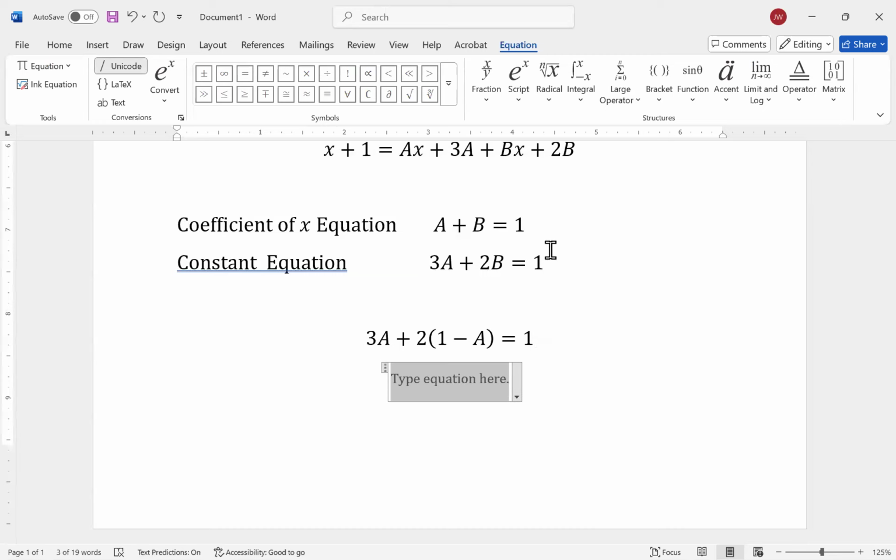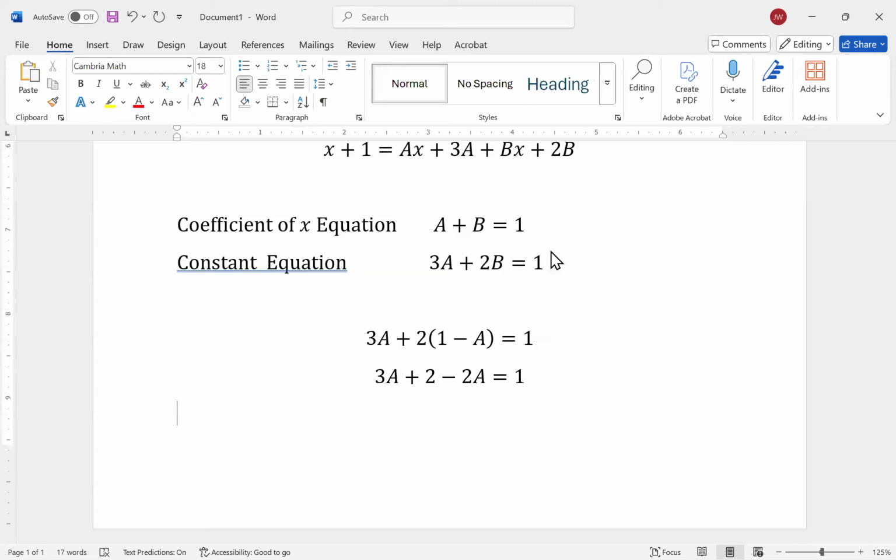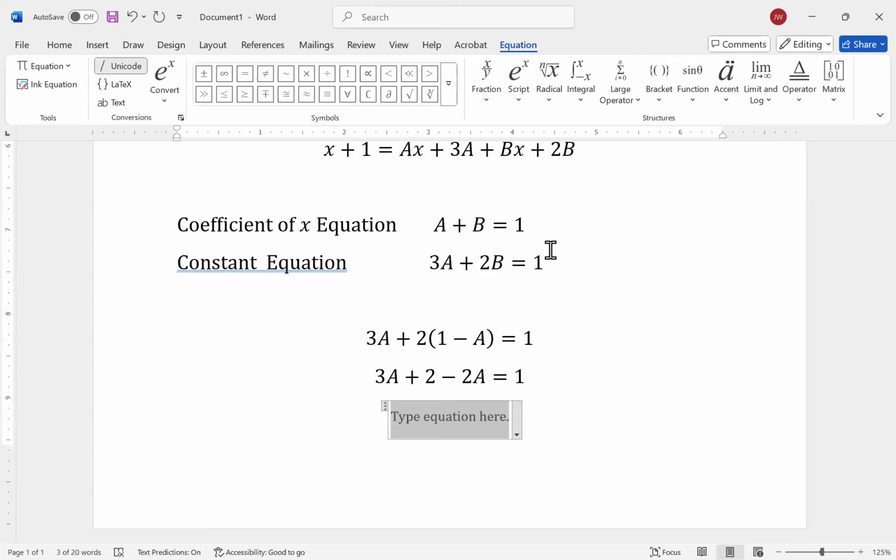When you do that, you'd get 3a plus 2 minus 2a equals 1. And subtracting 2 from both sides and combining like terms would give you a equals -1. And just as before, you'd plug that into the first or the second equation, and you'd get b is 2. So a is -1, b is 2.